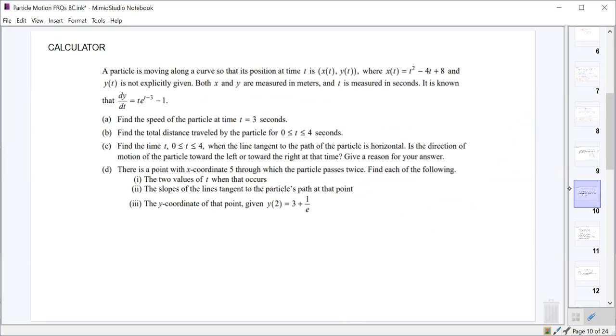I wanted to get to something a little different, although most of these are all calculator and pretty much the same.